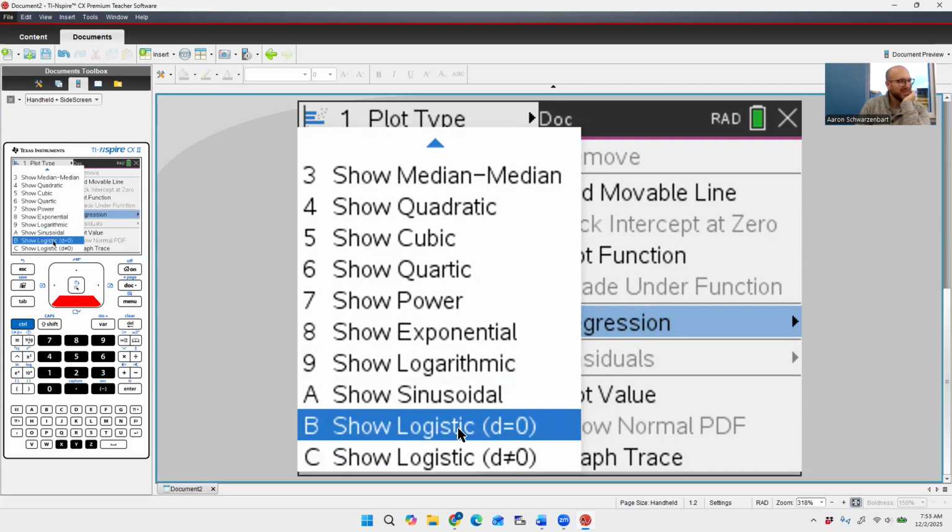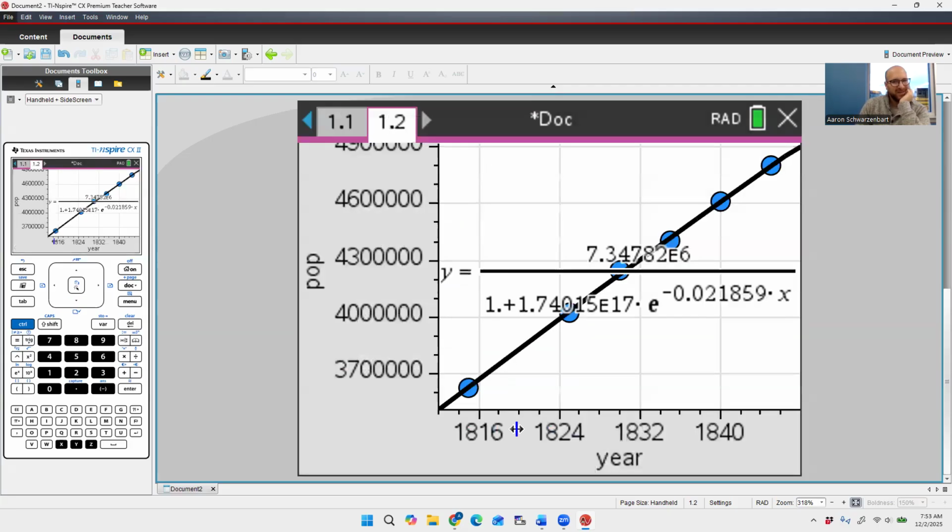We did not have a D in the last one, so we're going to know D equals zero. So D equals zero versus D not equal to zero: D not equal to zero allows you to have the lower asymptote not on the x-axis.